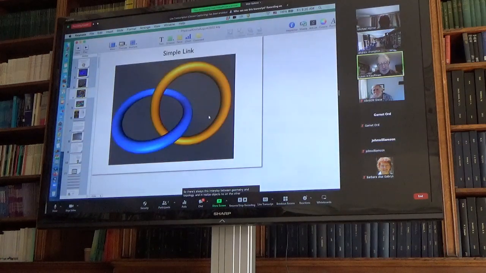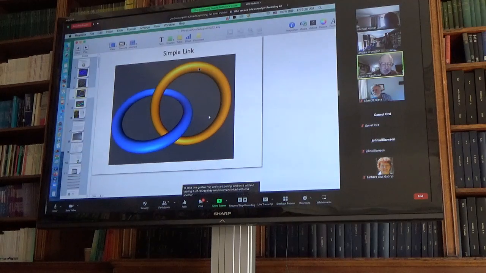Now, on the other hand, you can see some aspects of things that are certainly going to be properties of a system like this. Here's a link, a simple link. There are going to be properties of a system like this that are independent of deforming it. These two rings are linked around one another, and if I were to take this golden ring and start pulling on it without tearing it, of course, they would remain linked with one another.